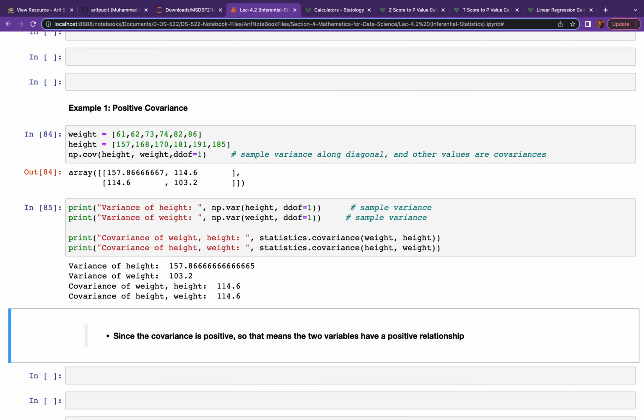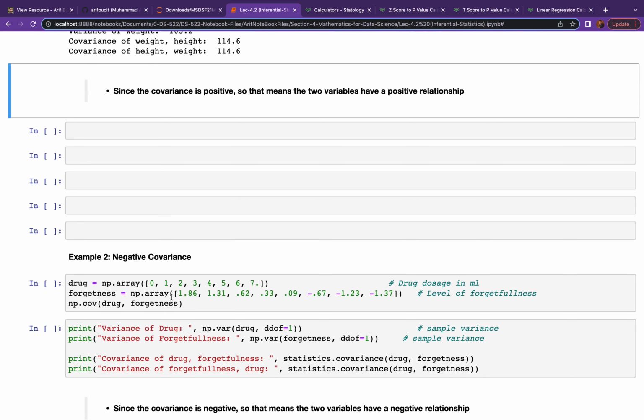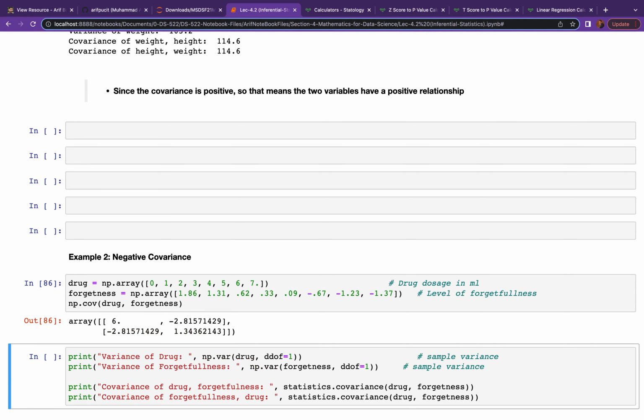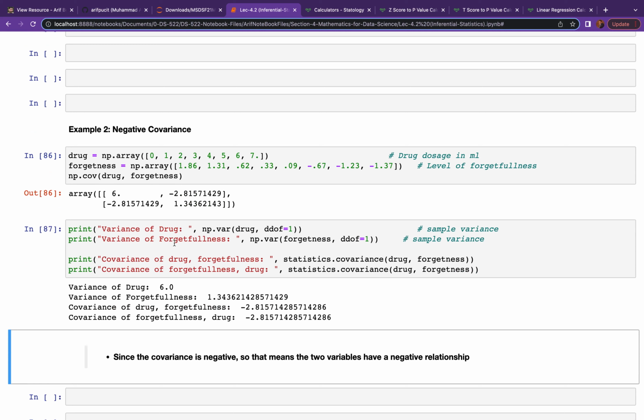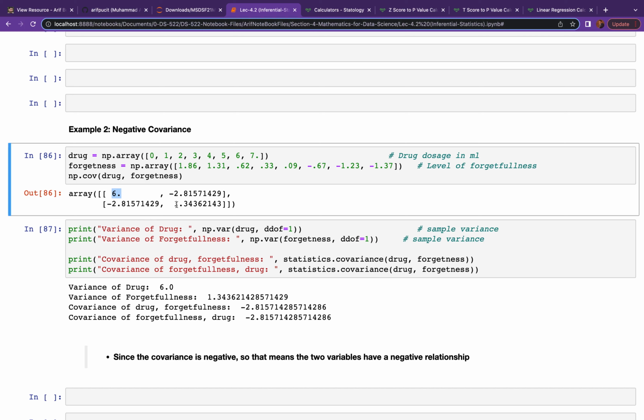Okay, so this is it. Let me move on to this example of negative covariance. Let me run it. Over here in this covariance matrix, we have this value 6 over here and this value 1.3 over here.